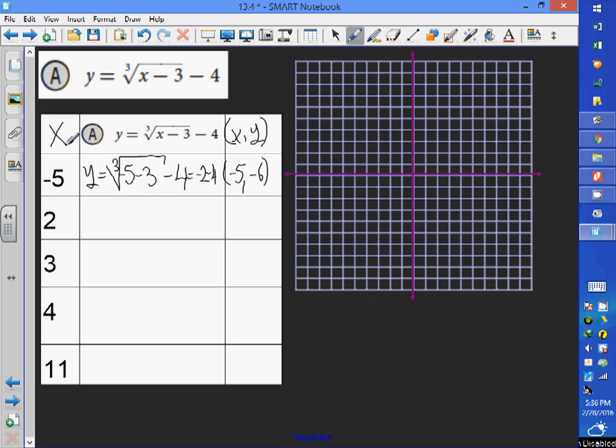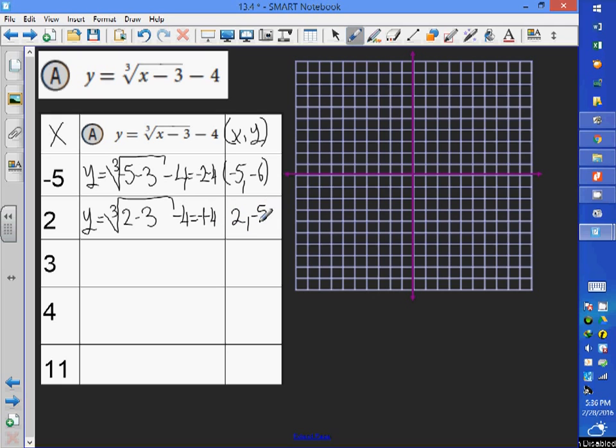Later on, y equals the cube root of 2 minus 3, minus 4. So 2 minus 3 is negative 1. The cube root of negative 1 is negative 1, minus 4, which is negative 5.